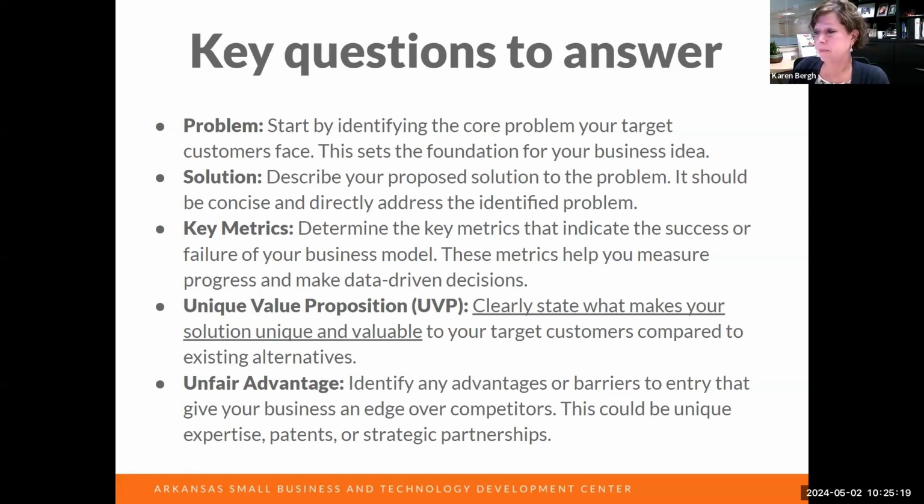And then also the unfair advantage. This has many names; some people also call it the competitive advantage. But it's really, what are the advantages your company uniquely holds? Or you can look at this as, what are the potential barriers that other people trying to address the same problem face, things they can't quite overcome or deliver that you can?